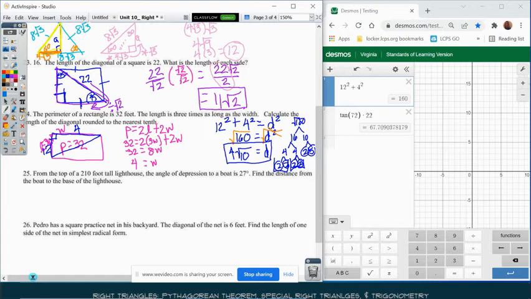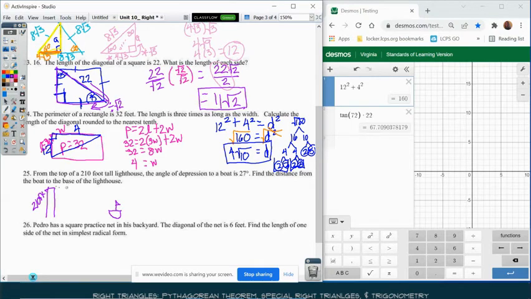And then on to 25. From the top of a 210-foot tall lighthouse, let's get that drawn. The angle of depression to a boat is 27 degrees. Here is our boat.